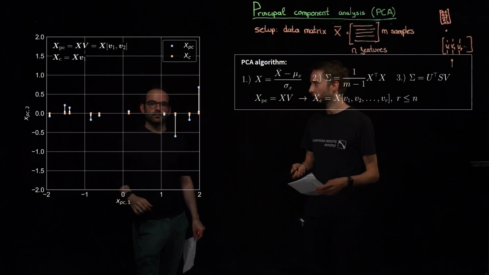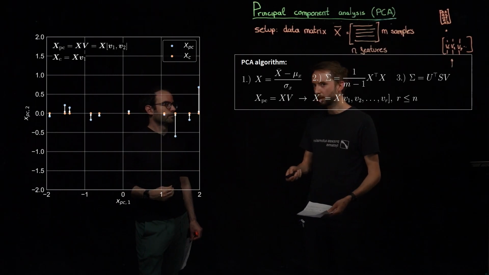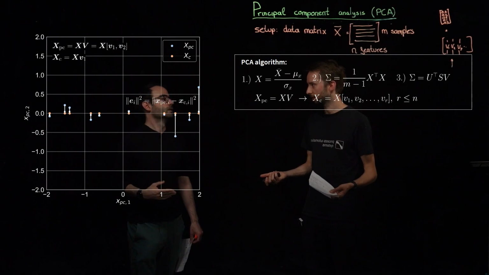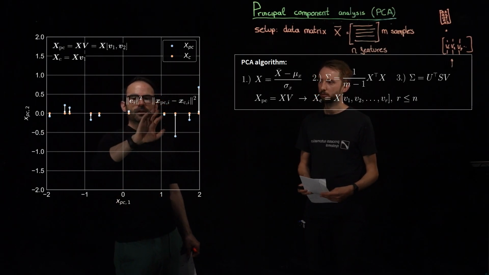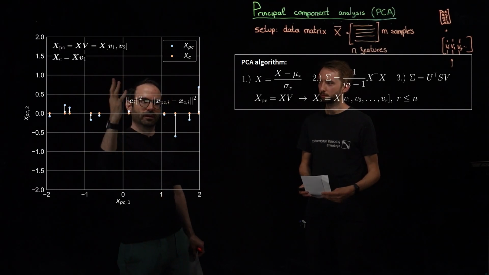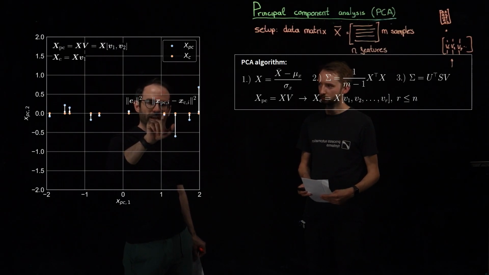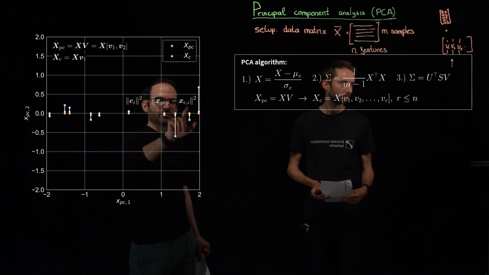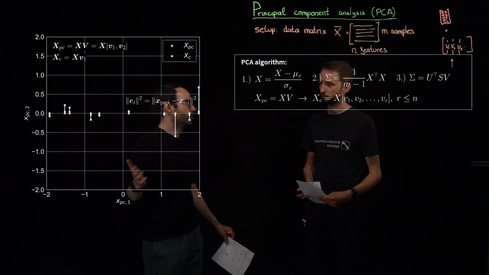I guess we can also express this error in just a single number. We can say that the norm of the error squared, if we want to consider squared norms, is just the difference between the exact but rotated point x and its compressed version, so this is basically the length of this line. That's the error.